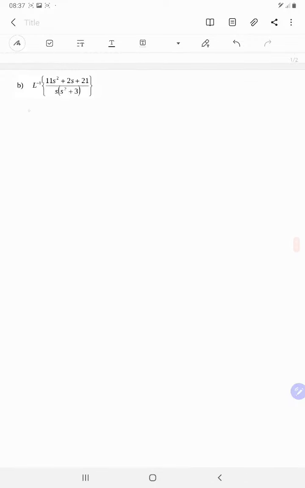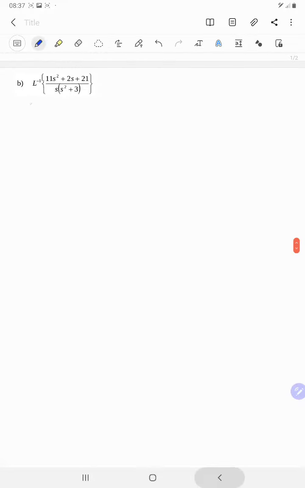So perform partial fraction. Okay, so this function can be written as partial fraction like this.